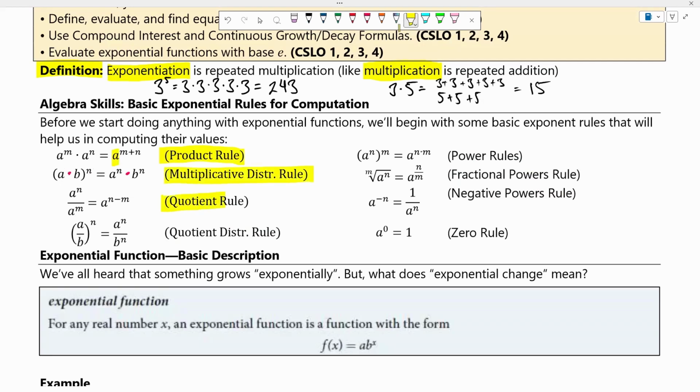Okay, quotient rule. The quotient rule states that if you have the same base, so notice that the A is the same for all of these, and you're doing one divided by the other, it's going to be the top minus the bottom exponent. Okay? That's simple.